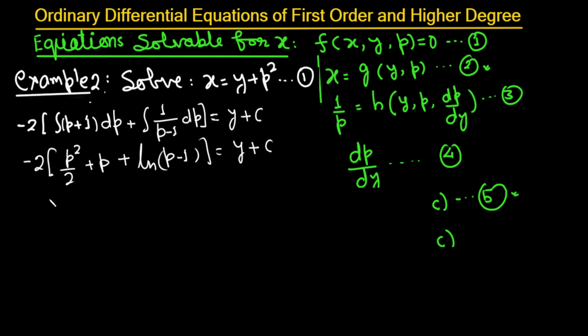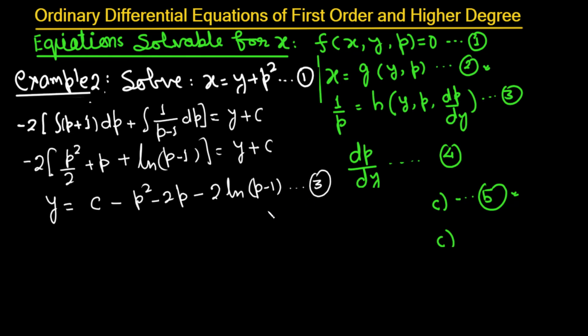So we can rewrite it as y equals c minus p square minus 2p minus 2 log(p minus 1). Now the solution of the original equation is obtained by eliminating p from equation number 1 and this one, and let us write it as equation number 3.